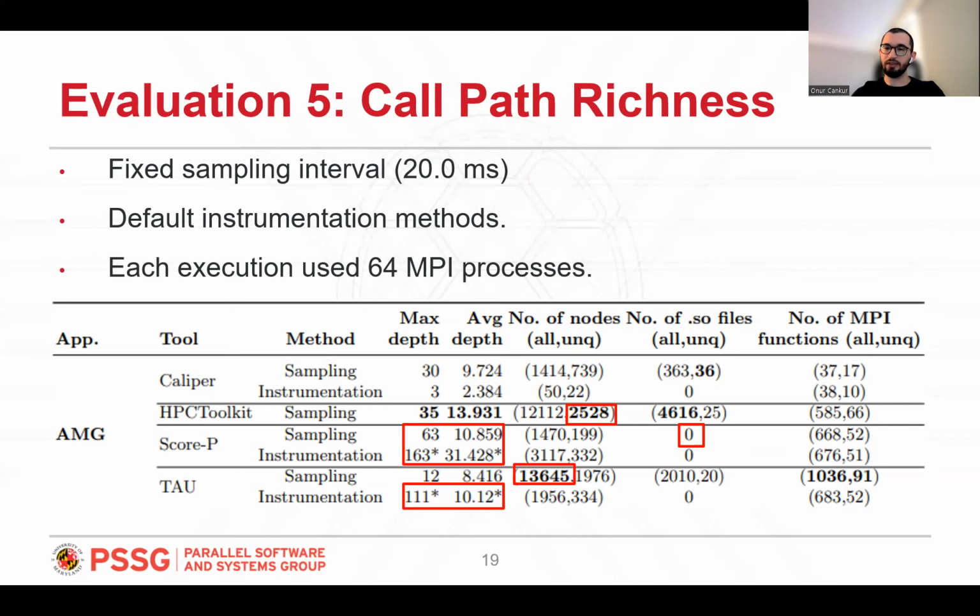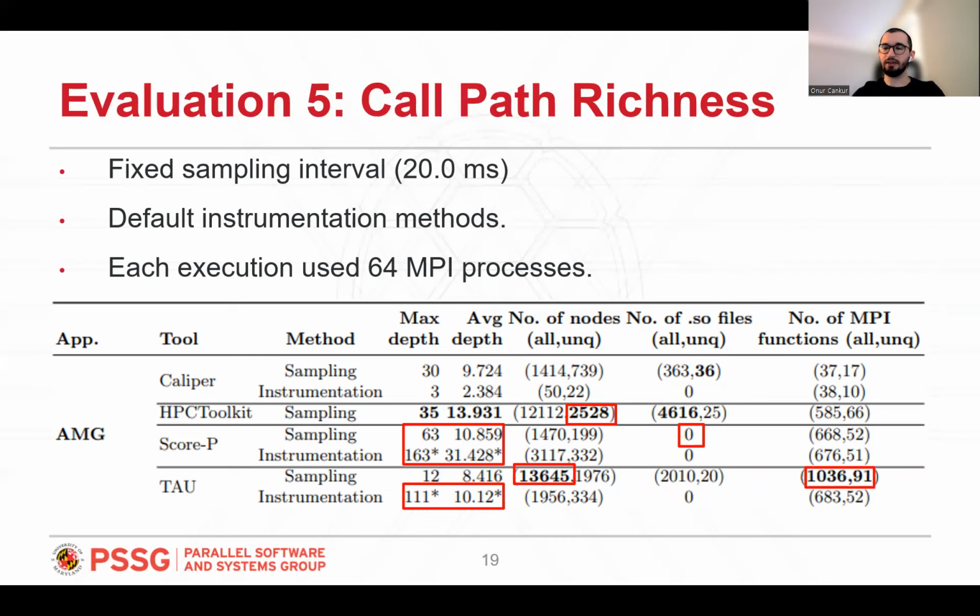And then when we look at the number of .so files, the load modules, all and unique, we see that all tools except Scorpio, when we use sampling methods, generate information about .so files, but Scorpio is not able to generate .so files because it samples the instrumented executable, and instrumentation cannot provide information about .so files.